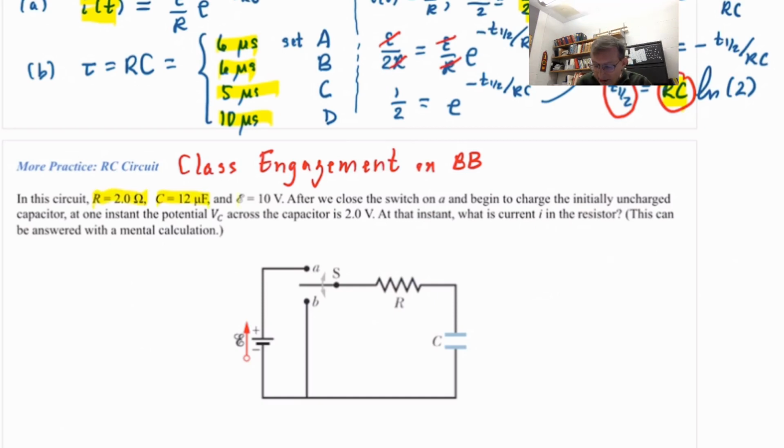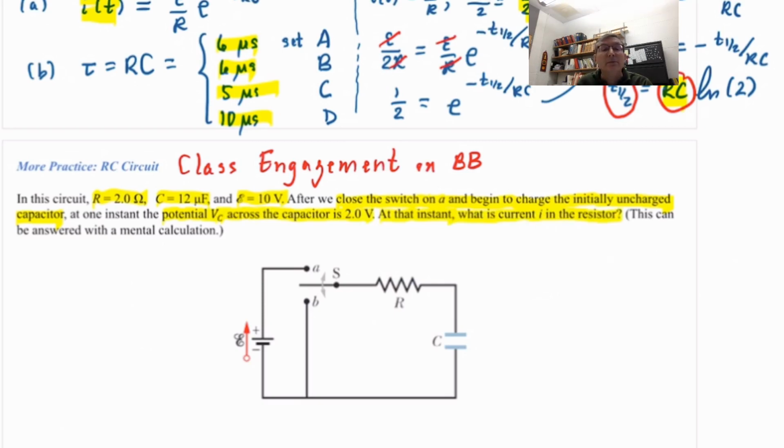The EMF of the battery is 10 volts. We're going to close the switch on point A and begin to charge the initially uncharged capacitor. At a certain instant in time, I don't know exactly what the time is, the potential VC across the capacitor is 2 volts. At that instant, what is the current I in the resistor?